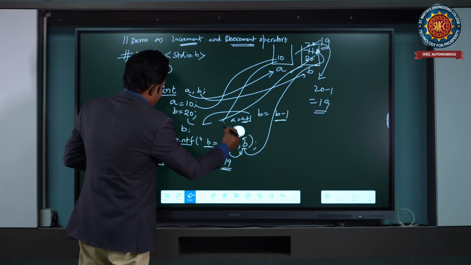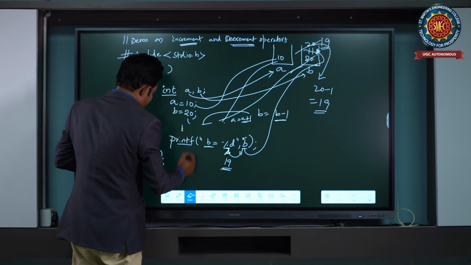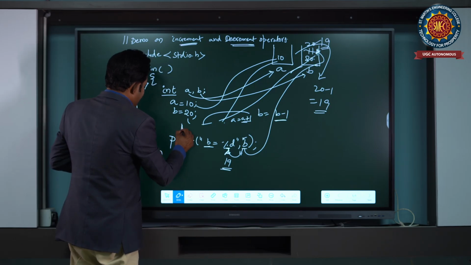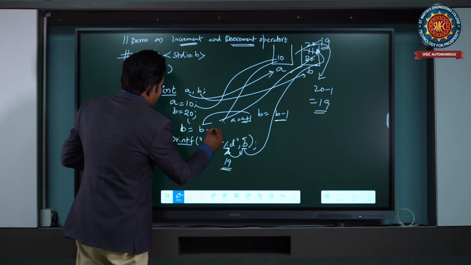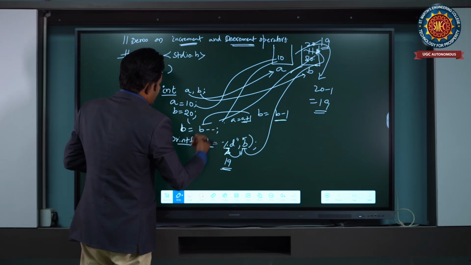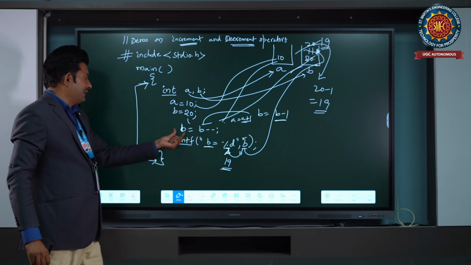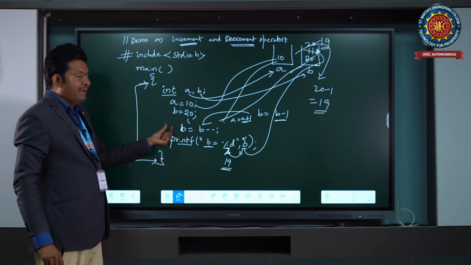Here we are using B is equal to B minus minus.